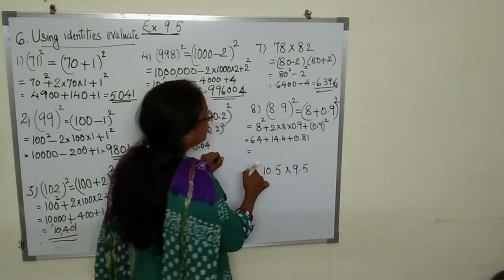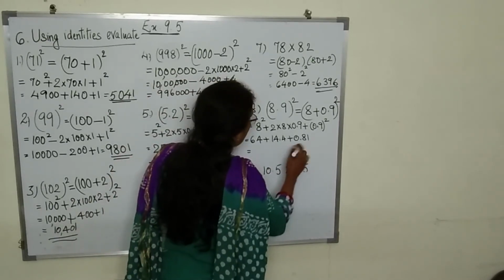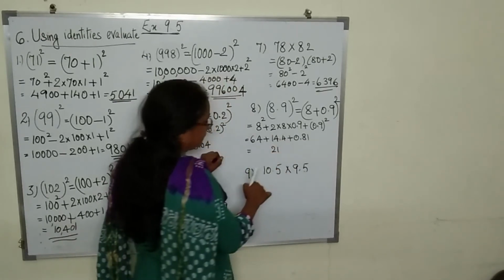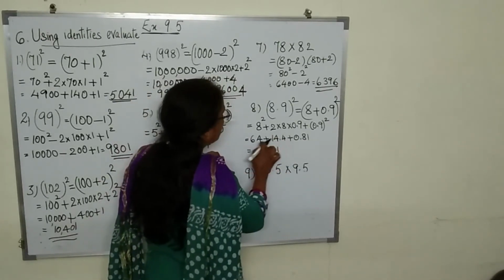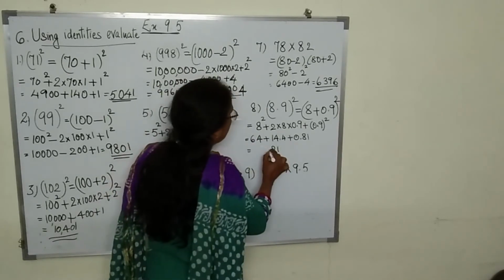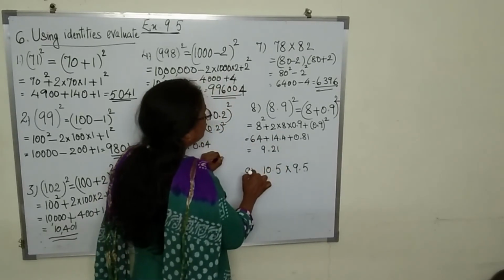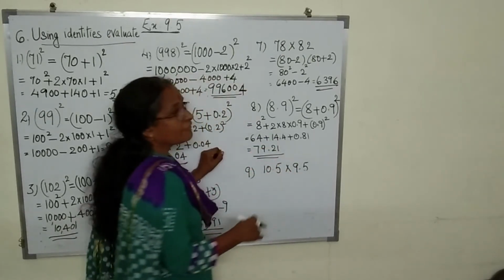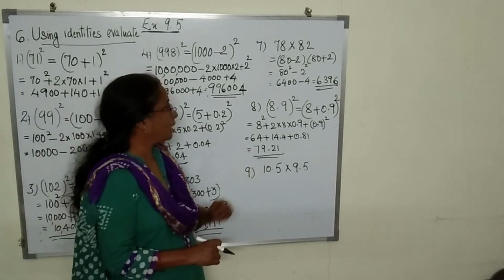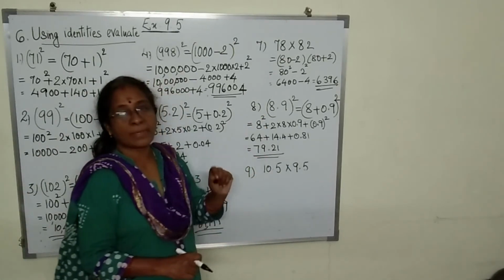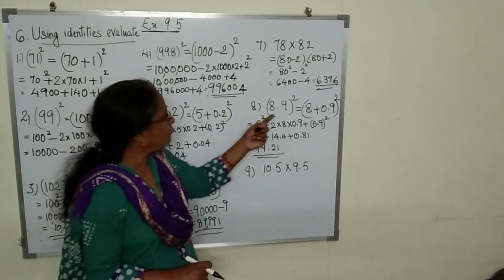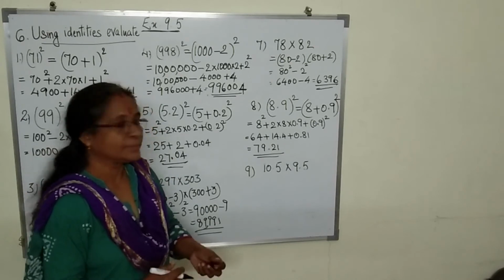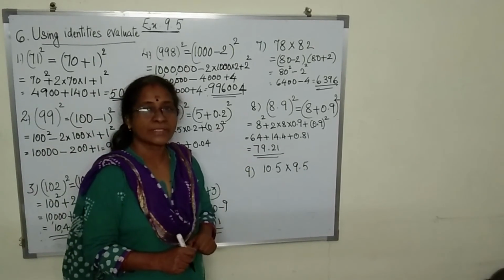When you add, what will you get? 79.21. Now the same sum, if you wish to do, you can also do in the form of 9 minus 0.1. Try to do that yourself.